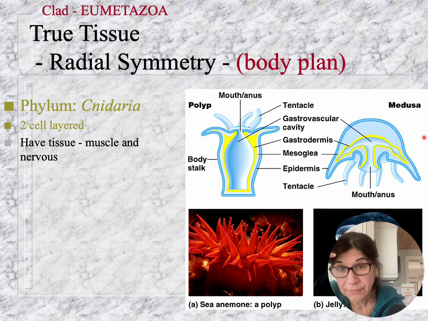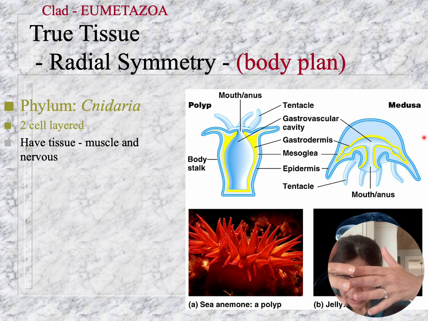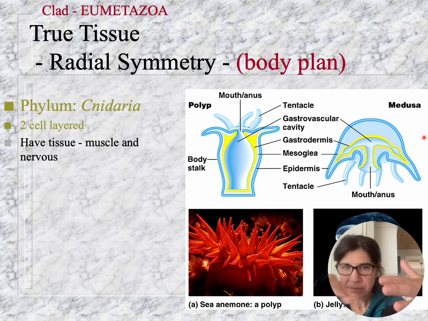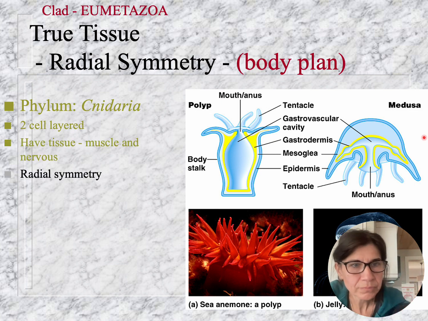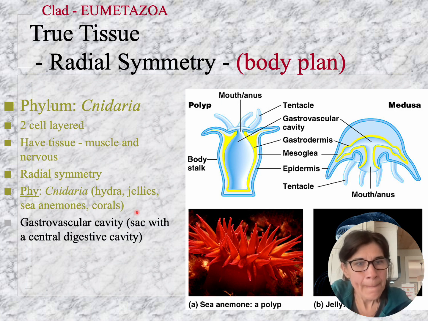There is no cephalization. Remember that concentration of the nervous system to the head region, because they don't have a head. They don't have an anterior and a posterior region. Their nervous system is equally distributed. We talked about they're radially symmetric. Examples are hydras, jellyfish, sea anemones, coral. And they have a gastrovascular cavity.